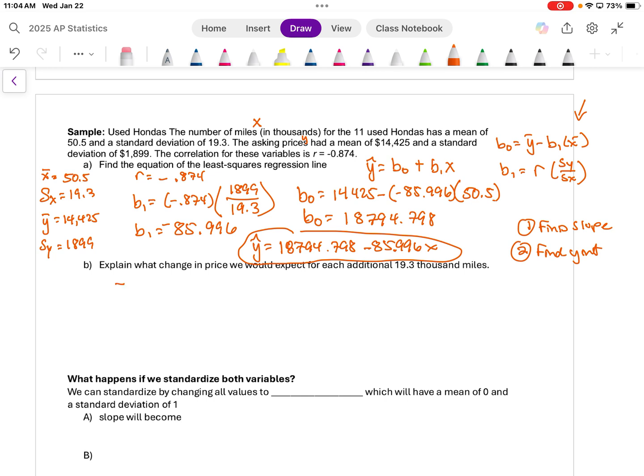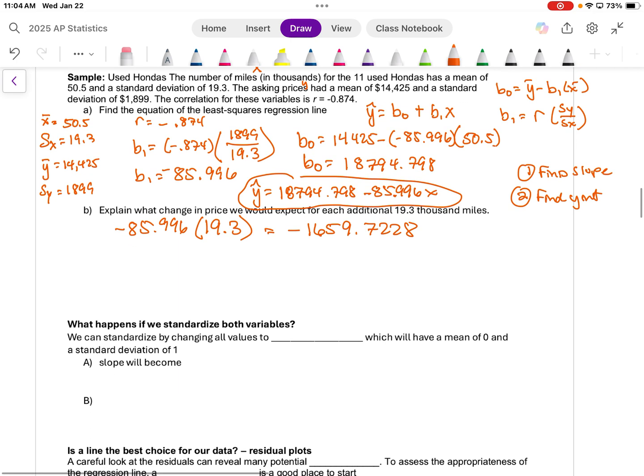So what is negative 85.996 times 19.3? That works out to be that decimal, negative 1.6597228.